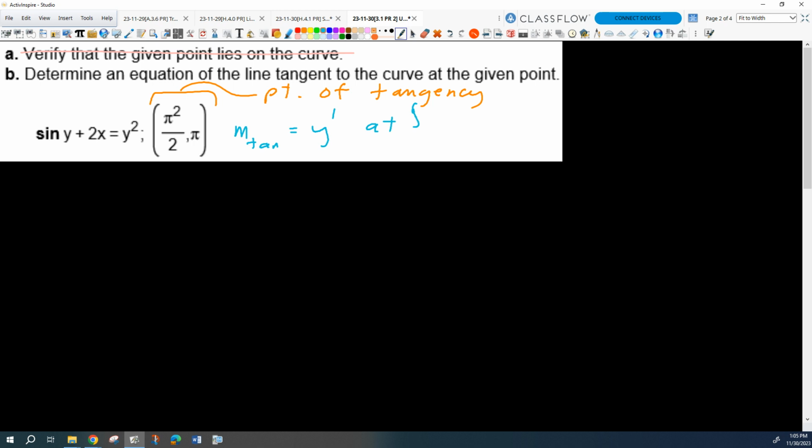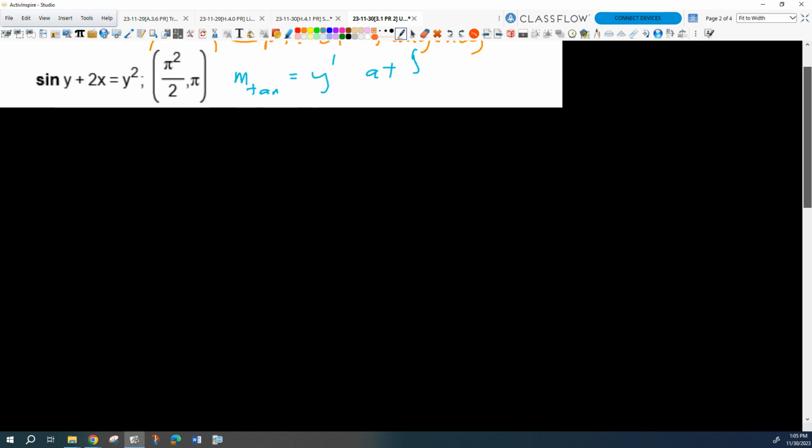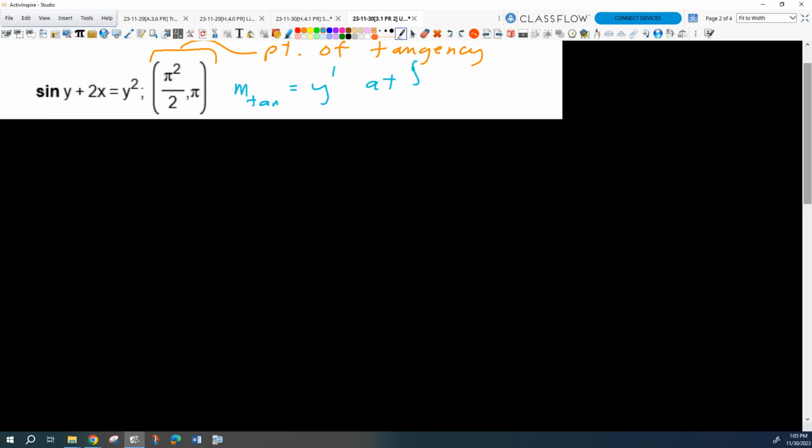So all we have to do is calculate y prime and then plug in this x and y value, and that's going to give us our slope. So this isn't so bad. We need to find y prime. How are we going to approach finding y prime from that equation?